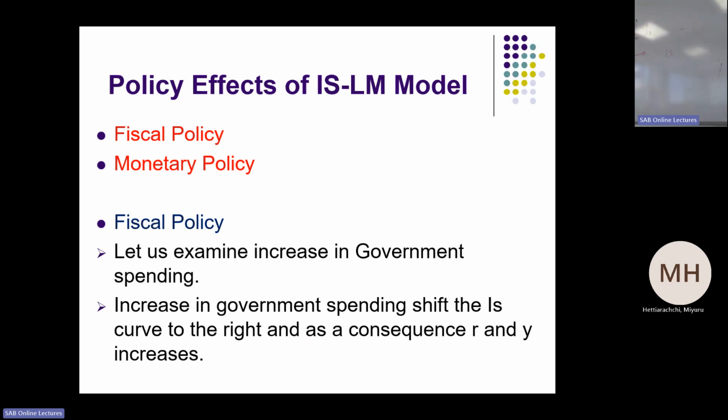The next step is that we then go to the open economy environment, the Mundell-Fleming model, where we can talk about the impact on the exchange rate. Here we will just look at the impact on income and interest rate, and the price level. We are not going to talk about the open economy.